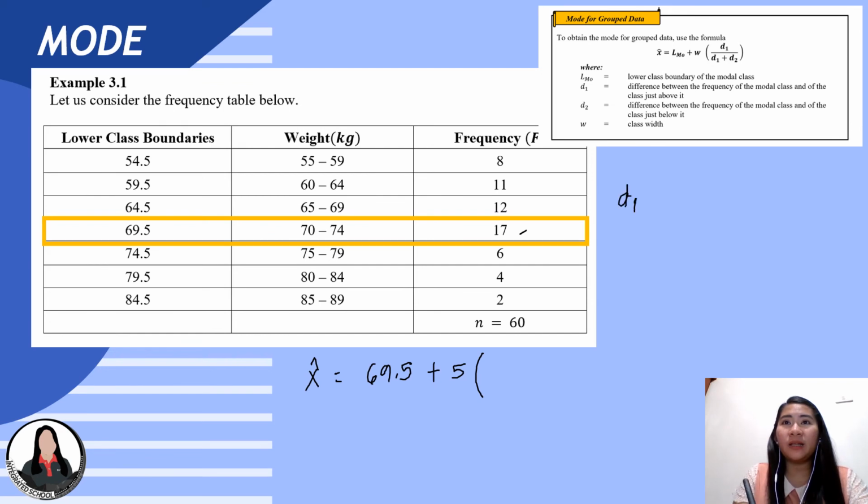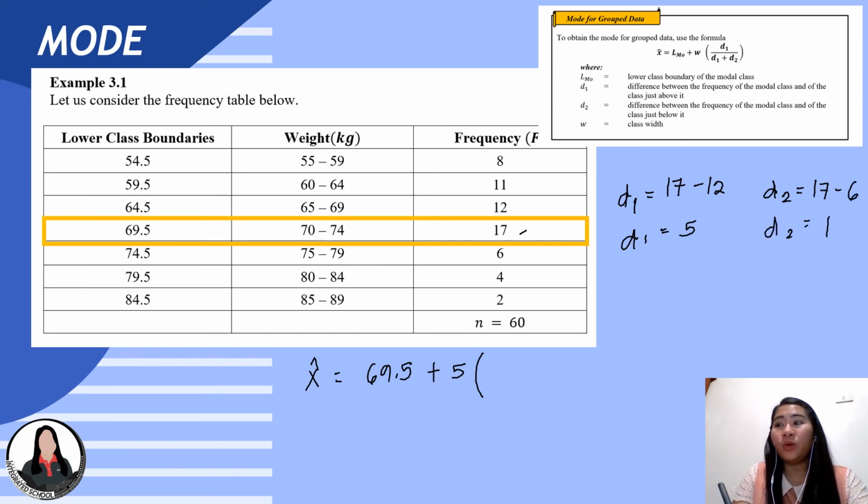So, hanapin natin. D sub 1 is equal to 17 and the frequency of the class above it, that's 12. So, minus 12. So, simply, D sub 1 is 5. How about D sub 2? Kasi hanapin din natin yung D sub 2. So, difference naman daw ng frequency ng modal class and the class after it. So, that's 6. So, simply, D sub 2 is equivalent to 11.